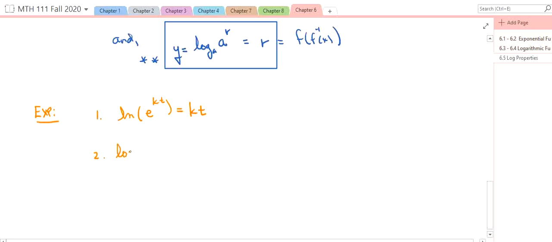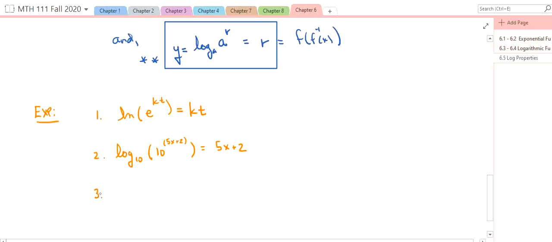If you have log base 10 of 10 raised to the power of 5x plus 2, notice the base is the same here. Doesn't matter what's in the exponent. If the bases are the same, this just equals what's in the exponent, 5x plus 2.